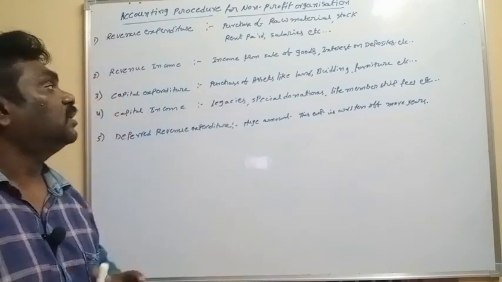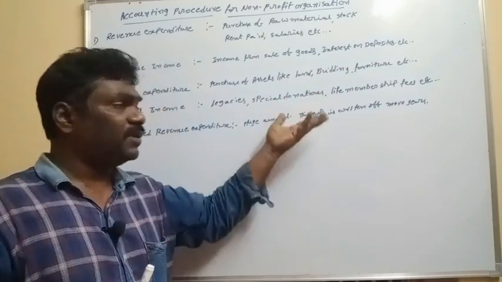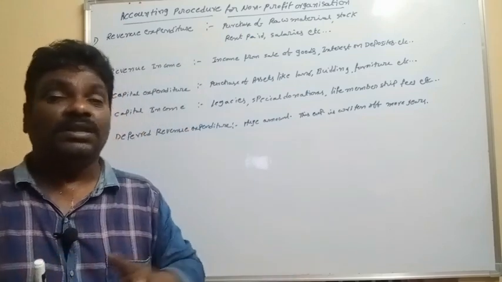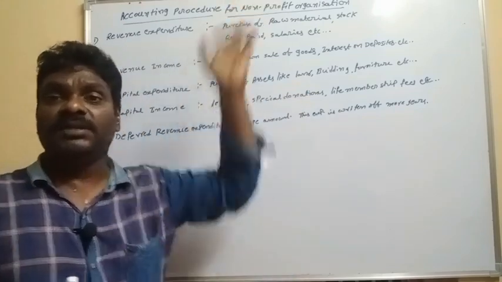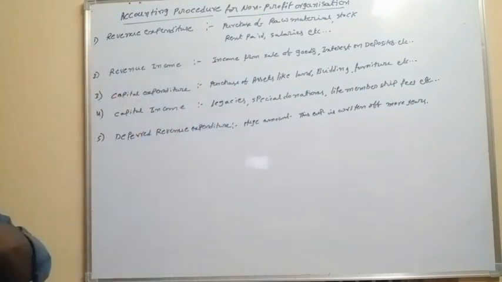The benefits are realized over some years. For example, purchase of assets like land, buildings, furniture. Once you have purchased these assets, their benefits last for several years. That expenditure is called capital expenditure.